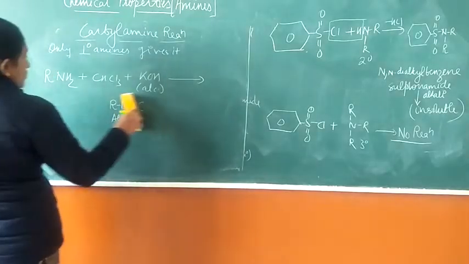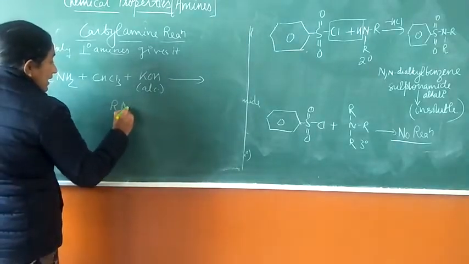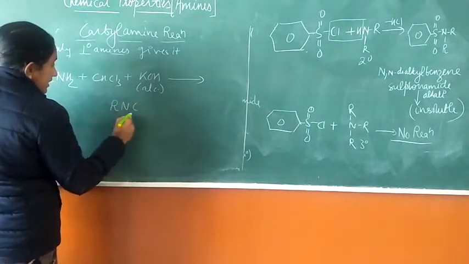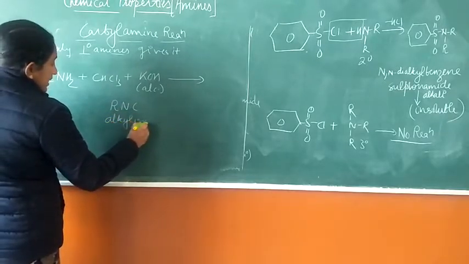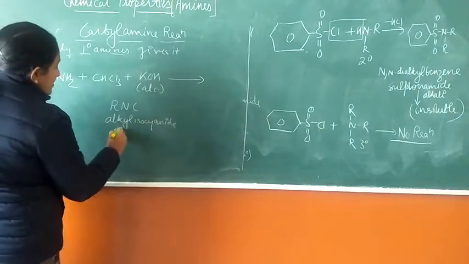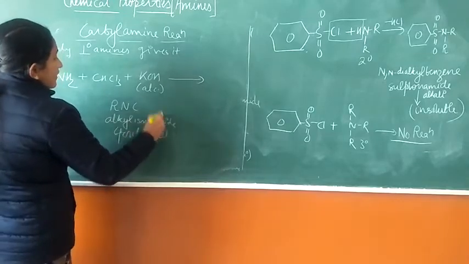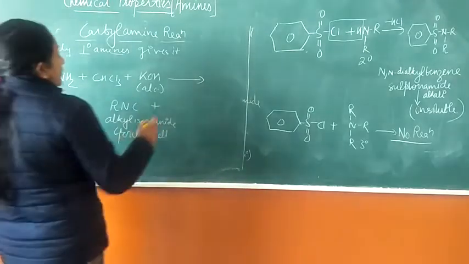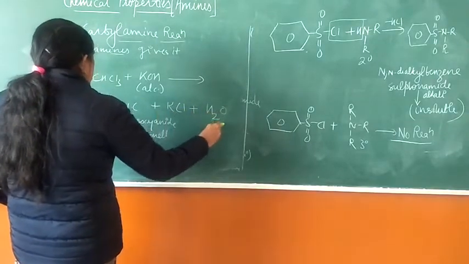So if you want to show it this way, it will form RNC, that is the alkyl isocyanide, which has a very unpleasant, offensive, foul smell. Along with that, you can write down KCl and water.